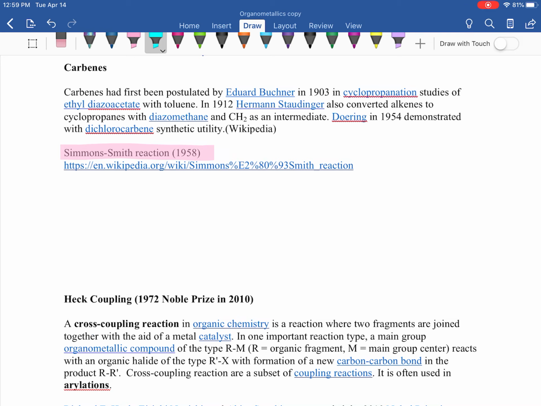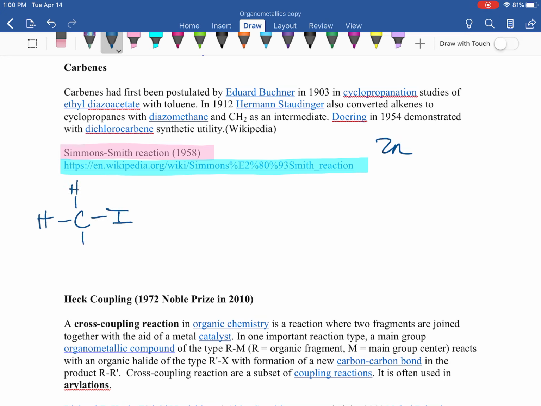And for the carbene that we're going to look at for the Simmons-Smith reaction, we are going to look at zinc. Okay, so we've looked at magnesium, copper, lithium, palladium, we've had some different metals. Our carbene reaction that we tend to see is with zinc. And what's cool with this is it's really quite specific. So we're going to take a methane, only not a normal methane.